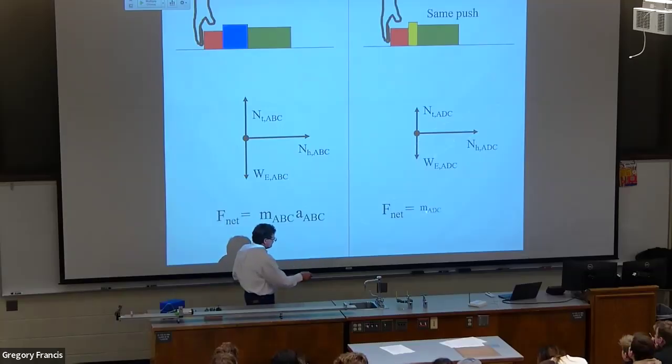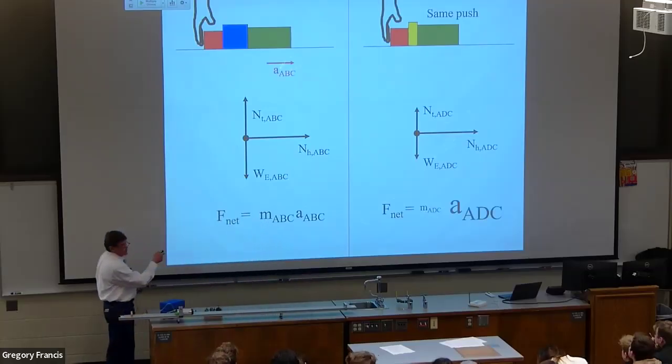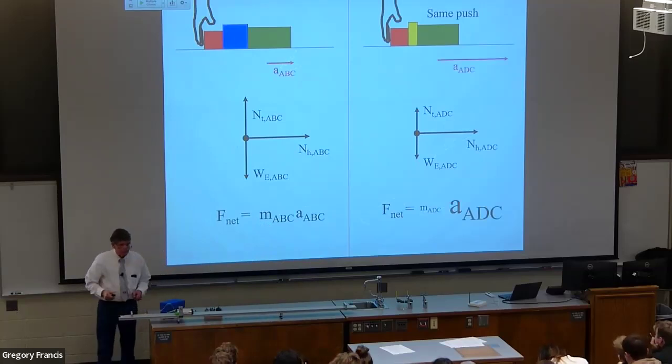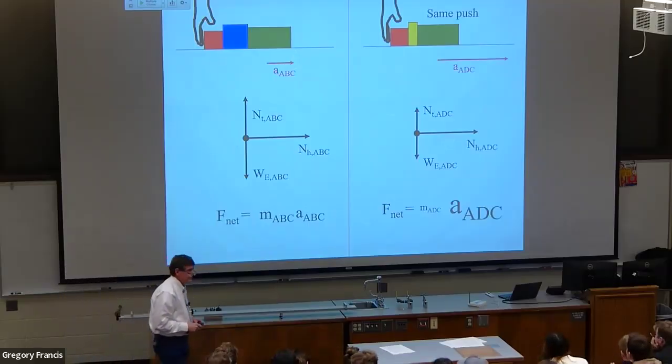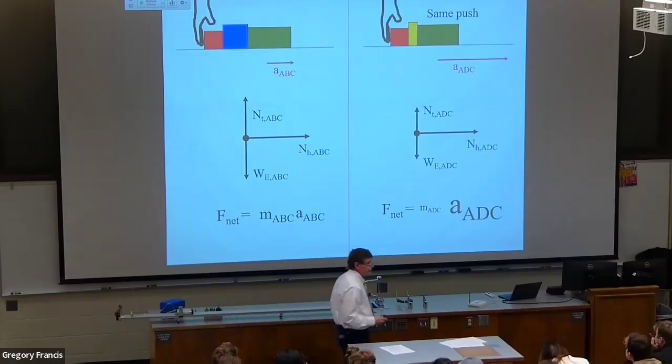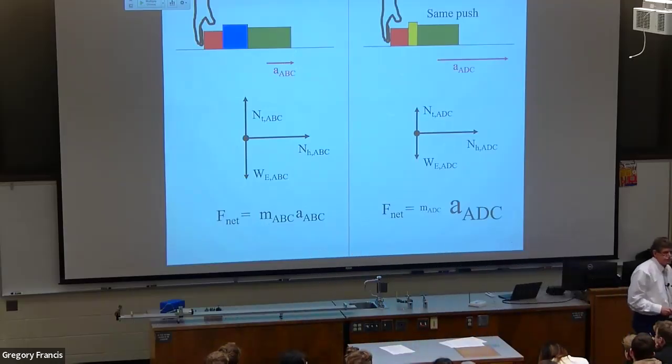But now the mass is smaller, so the acceleration has to be bigger. If the acceleration was 3 meters per second squared, it's got to be something bigger than 3 meters per second squared when I reduce the mass of the system. Again, you push the same on a Volkswagen and a Cadillac, the Volkswagen speeds up more. Everyone okay with that one?